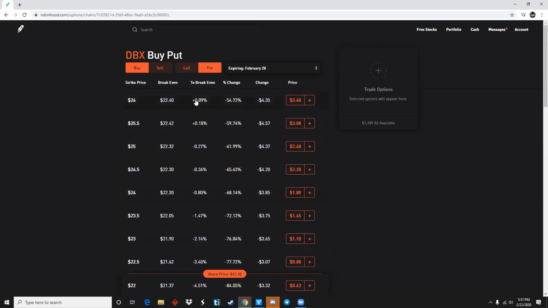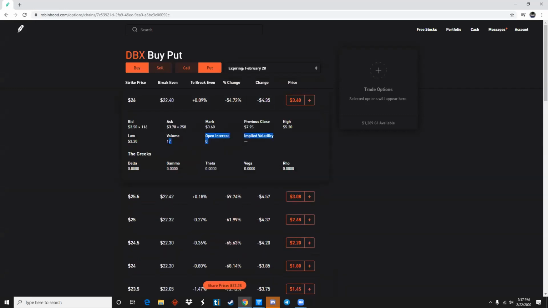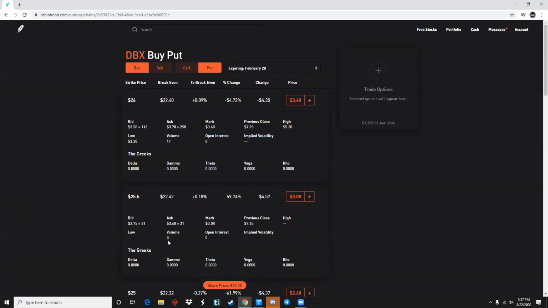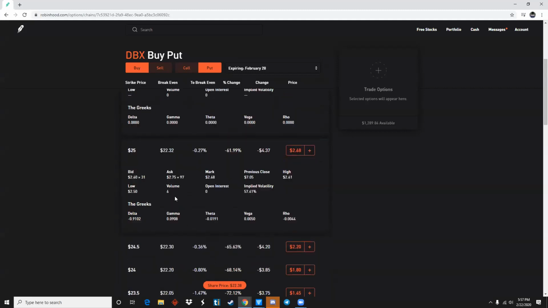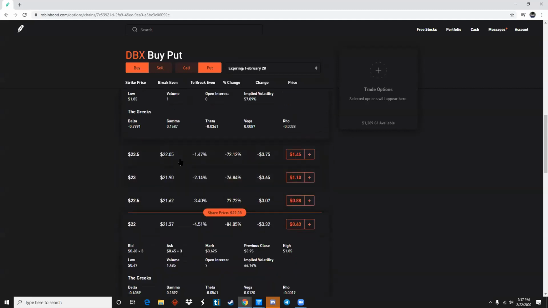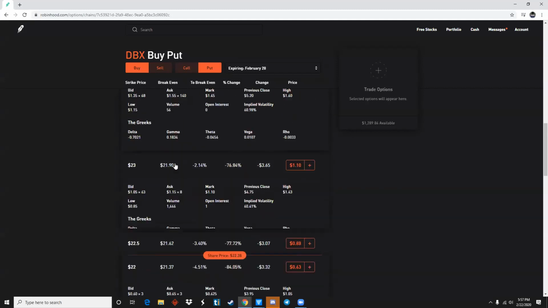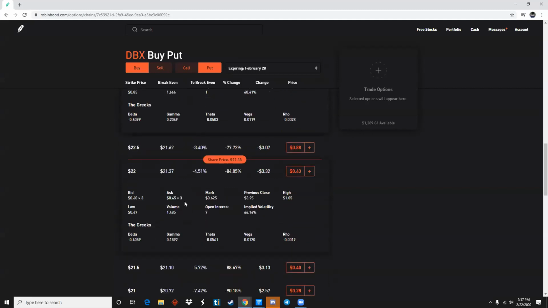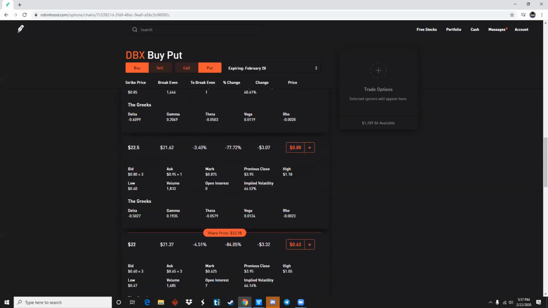Obviously, if you traded way out here, you see the interest is only 17 contracts that were performed on this exact one. There's 0 on that one. There's only 6 on that one, 2 on that one, 1 on that one, 56 on that one, 1,066 on that one, and 1,008.